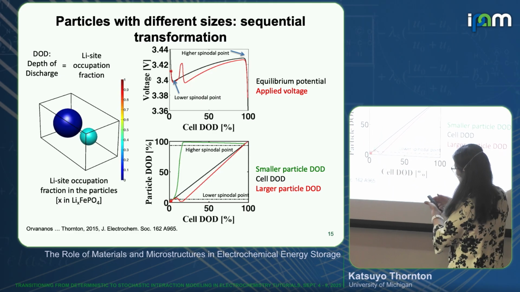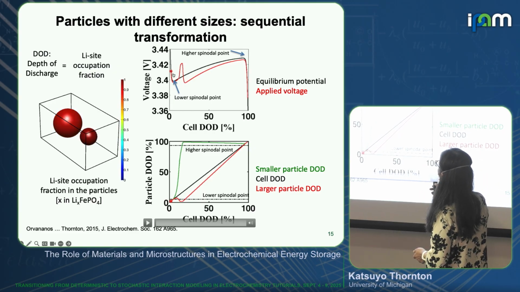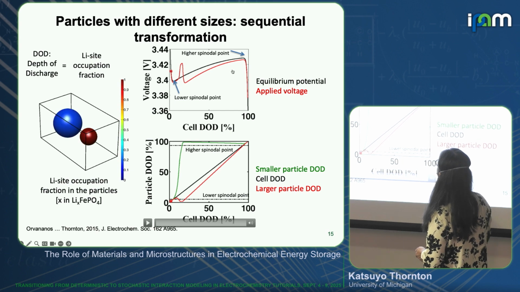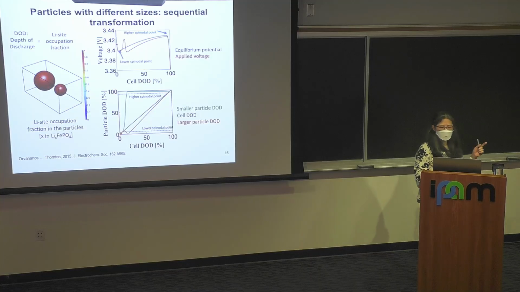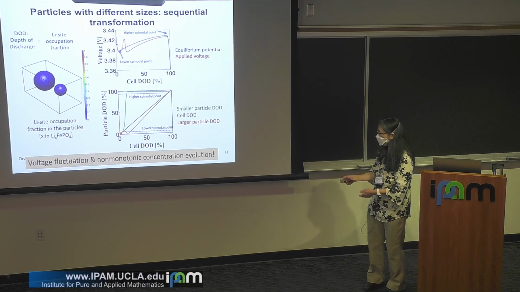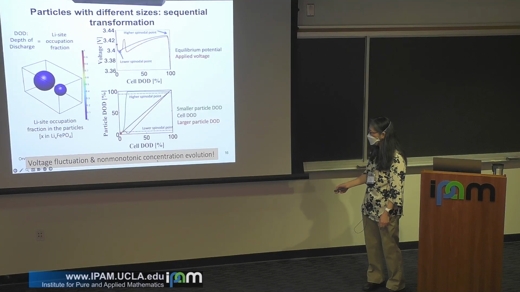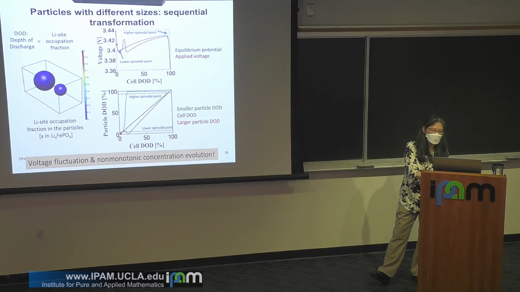And if you look at the potential, it does this funny thing. So there is a voltage fluctuation and non-monotonic concentration evolution that are observed in the two-particle simulations.